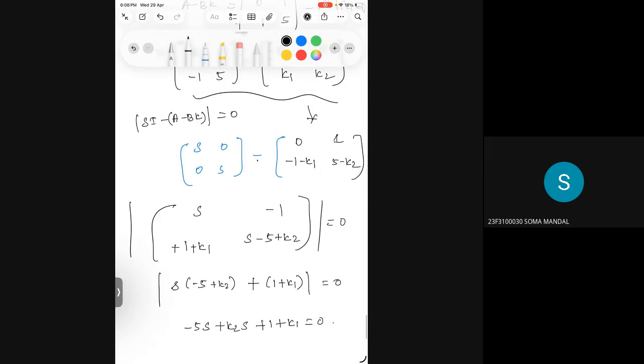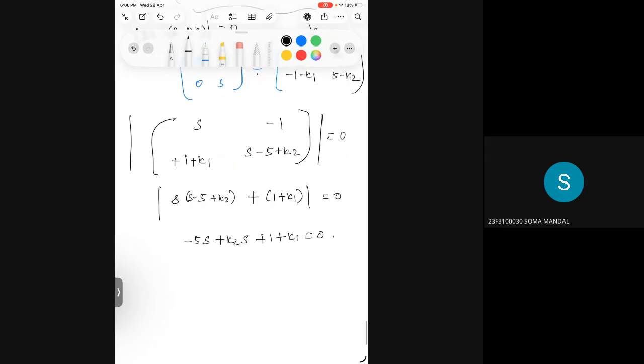Here I missed s, right? It is s minus 5. So this will give me s square minus 5s plus k2s plus k1 plus 1 equal to 0. So s square plus (k2 minus 5)s plus (1 plus k1) equal to 0.